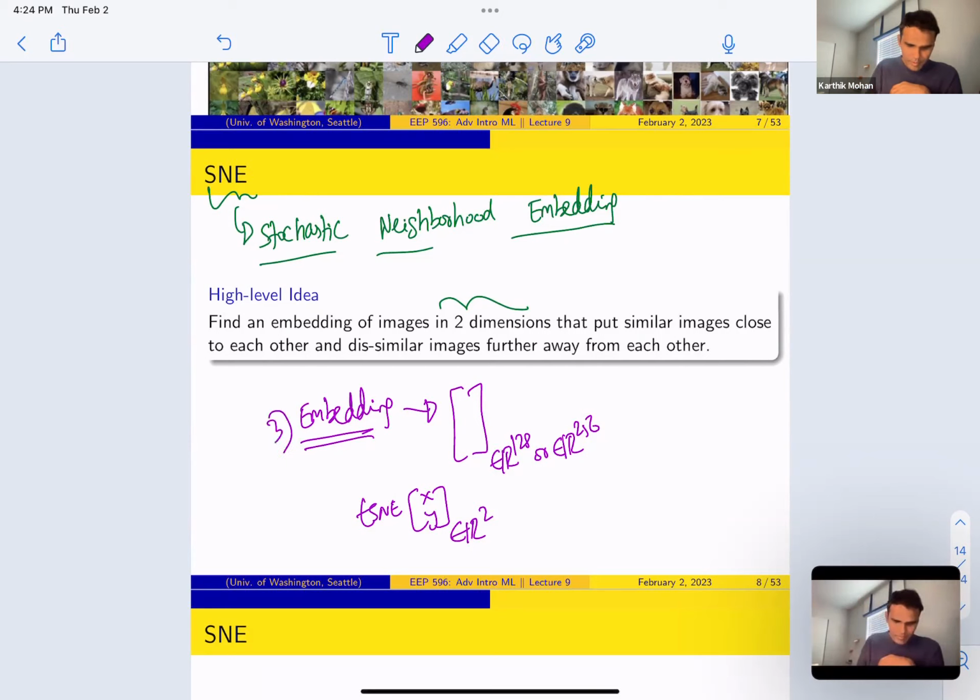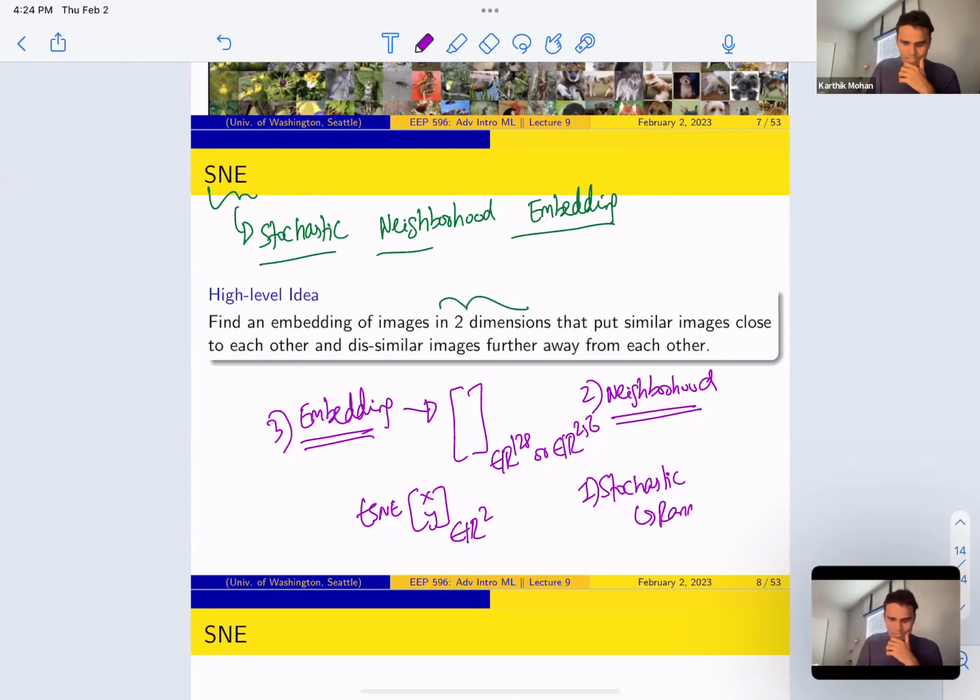And then we have neighborhood. Neighborhood is, as it makes sense, you're trying to map one image to the other, or you're saying, given this image, what are other images that are similar to this? So you're understanding the neighborhood of the images and how this image relates to other images. And then the stochastic part, obviously, we have seen enough of this. There's randomness in the algorithm.